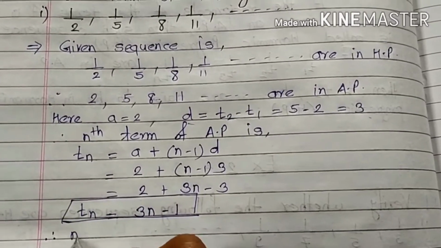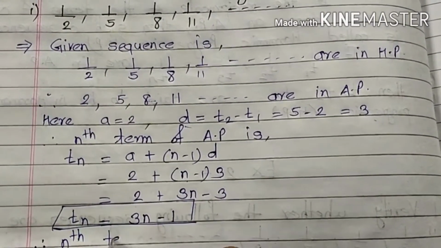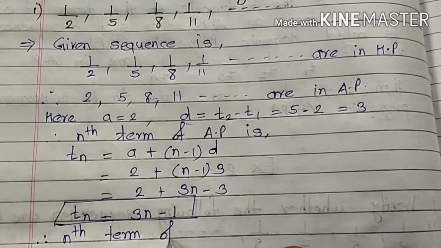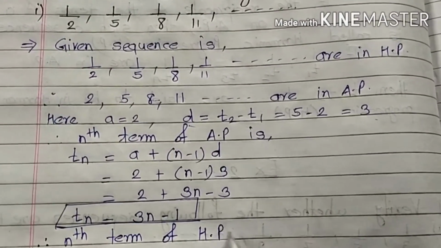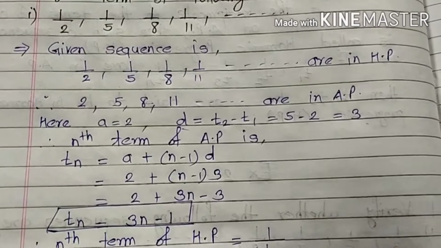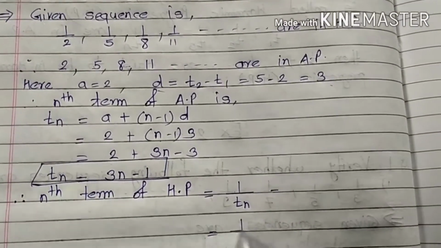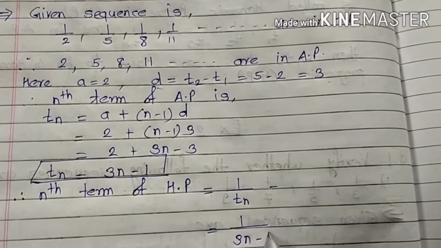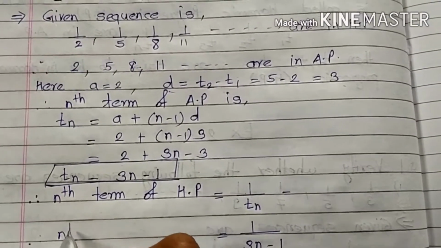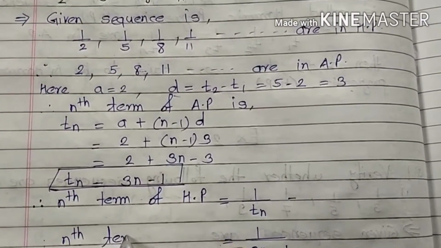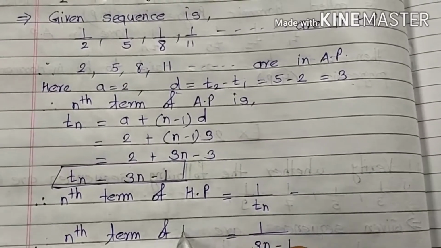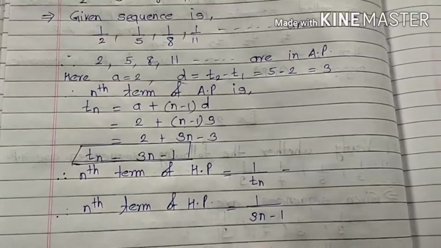Therefore the nth term of HP is equal to 1/Tn, which is equal to 1/(3n minus 1). So this is the nth term of HP.